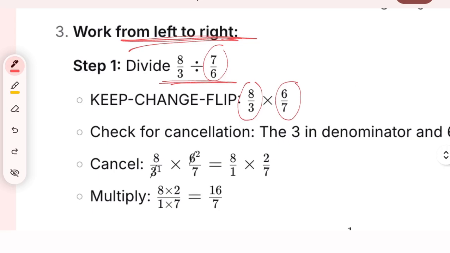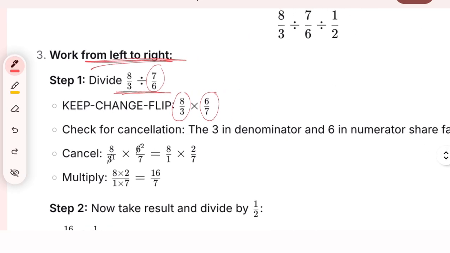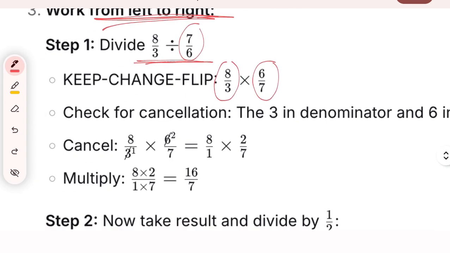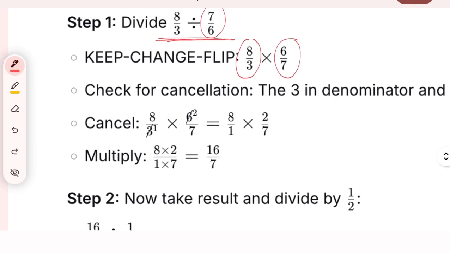Once you have that, you can start multiplying 8/6 and 7/3, right? Here's the multiplication of both. What's happening in there? Well, it's actually been cancelled just to make the numbers smaller.